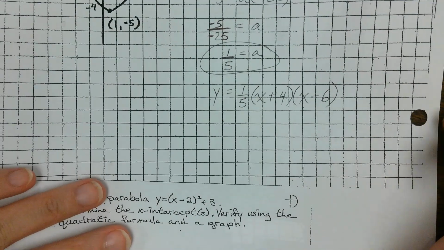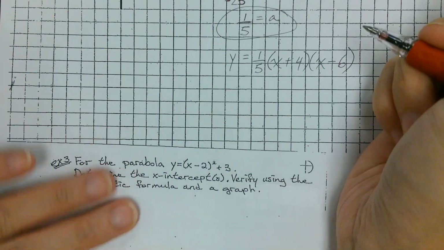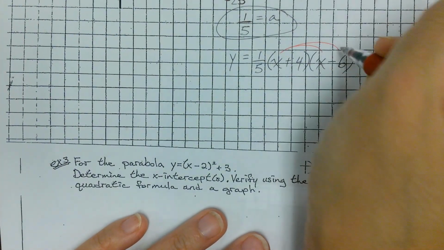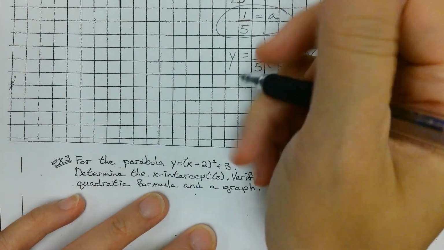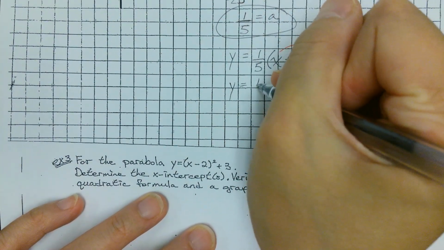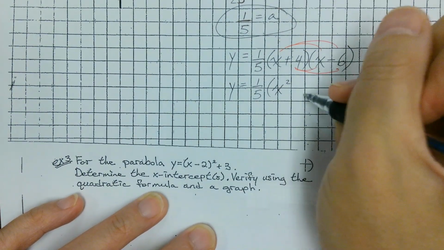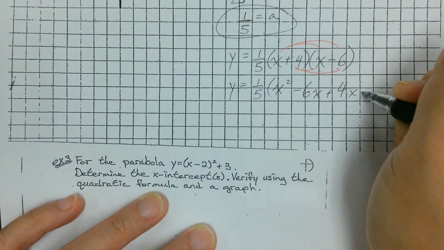So how do I put it in standard form? How do I go from factor form to standard form? FOIL. Good job. Expand it out. So y equals 1/5 x squared minus 6x plus 4x minus 24.